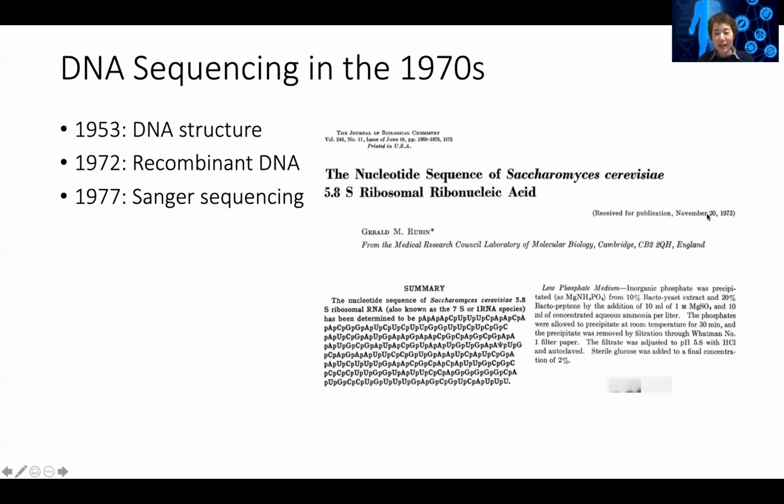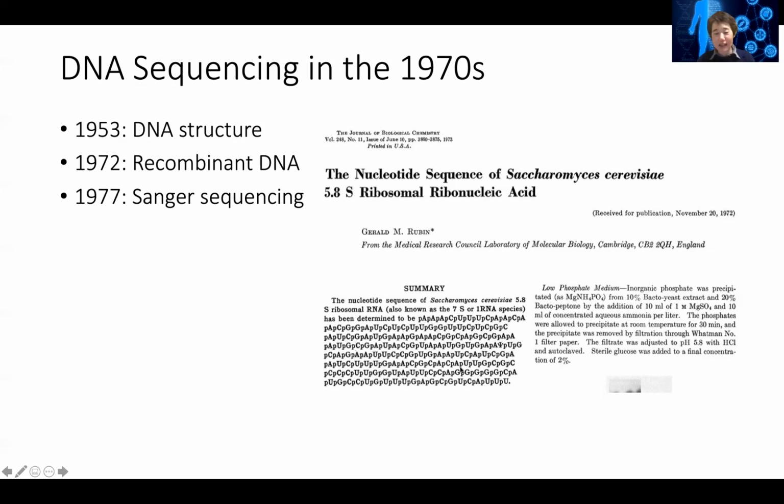So this is a study that was published in 1972 with a single author. Actually it was the PhD thesis of Jerry Rubin, who is now a professor at the Howard Hughes Medical Institute. And if you read the abstract of this study, it says the nucleotide sequence of yeast 5S ribosomal RNA has been determined to be this particular sequence.